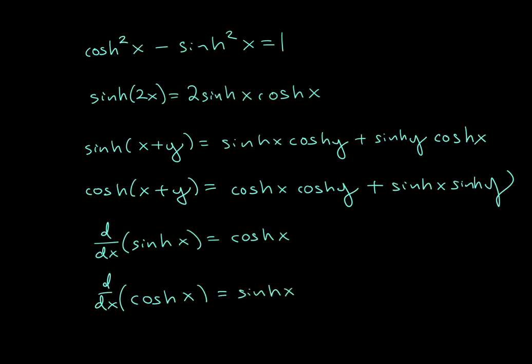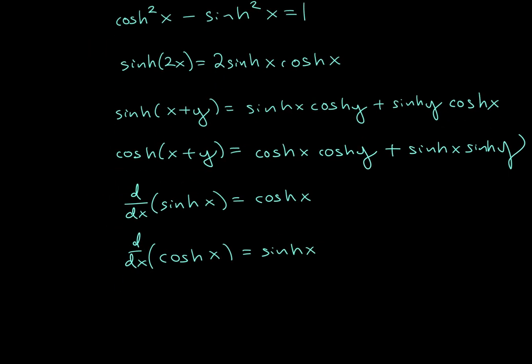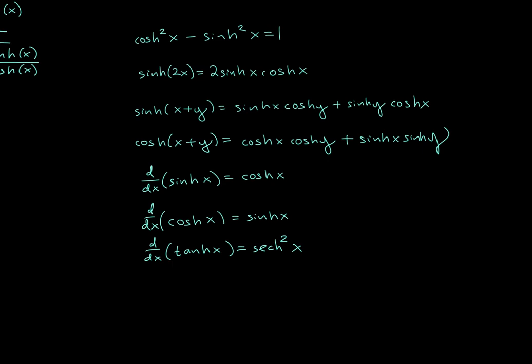It's a little bit prettier than the trigonometric functions. And of course, the derivative of tanh of x is equal to sech squared of x. And that, again, looks just like the trigonometric counterpart.